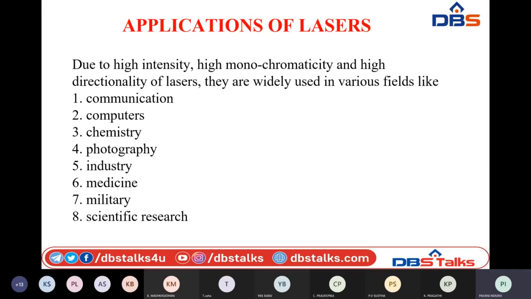And in medicine, lasers are used for the treatment of cancer and eye cataracts. In all these surgeries, laser treatment is useful. Similarly, in endoscopy to diagnose what is present inside the stomach, laser is used for analyzing. In the military, laser is used as a war weapon.